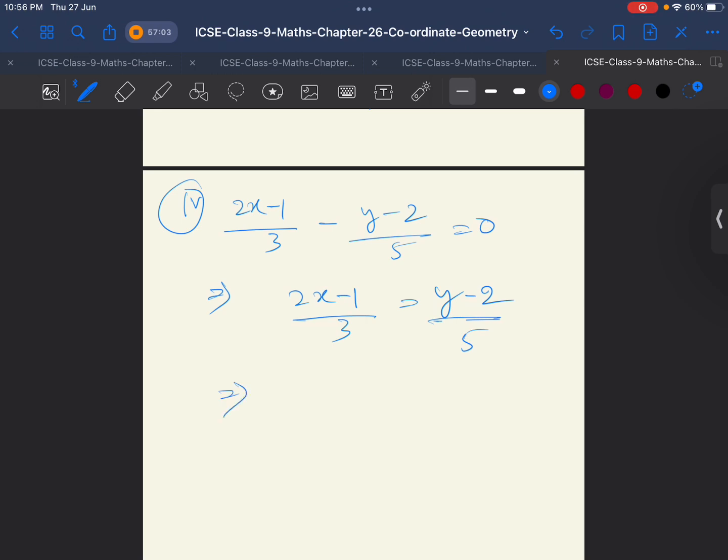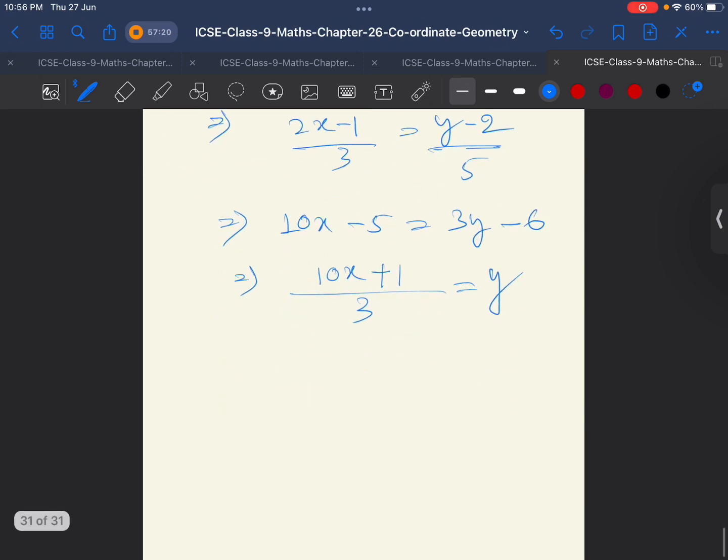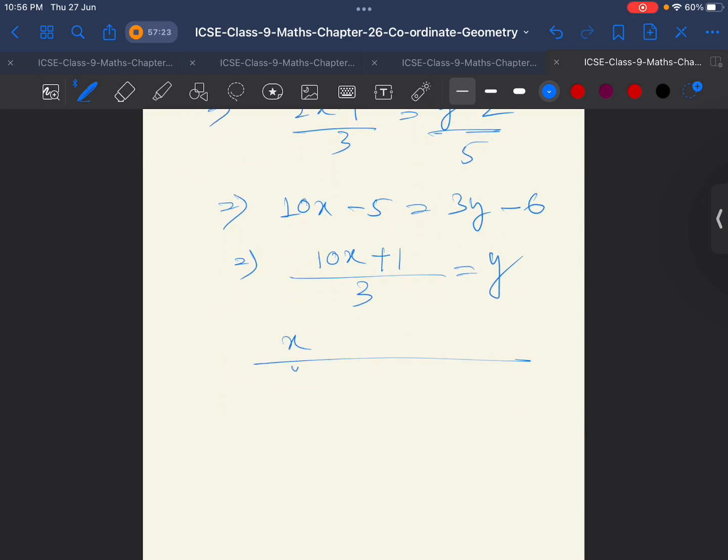Okay, this implies 10x - 5 = 3y - 6, this implies 10x + 1/3 = y.